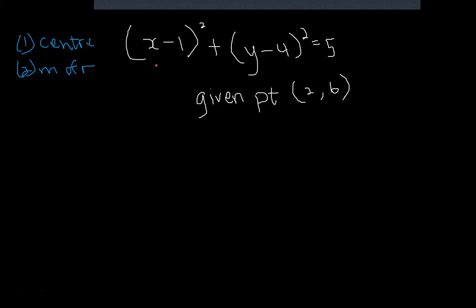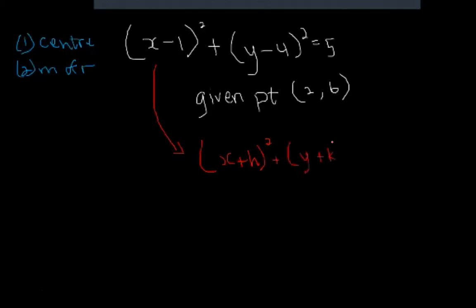You need to notice that the equation that they gave us is in the standard form: (x plus h) squared plus (y plus k) squared is equal to r squared. We did this already, not that long ago, but a while ago.